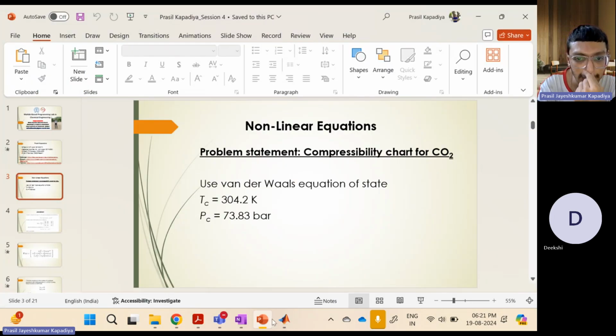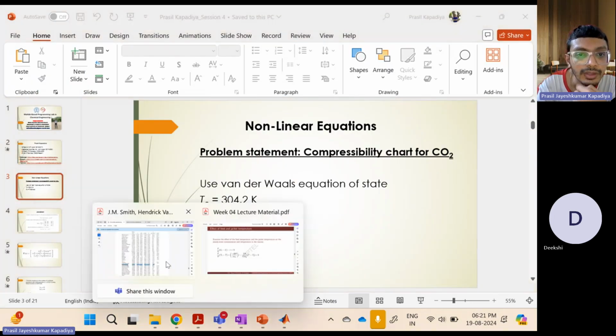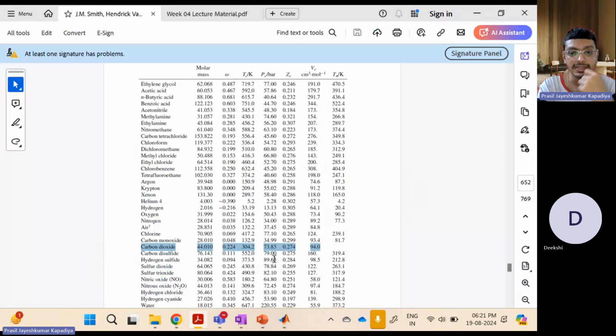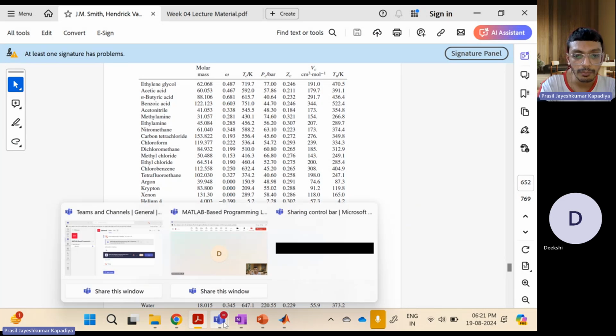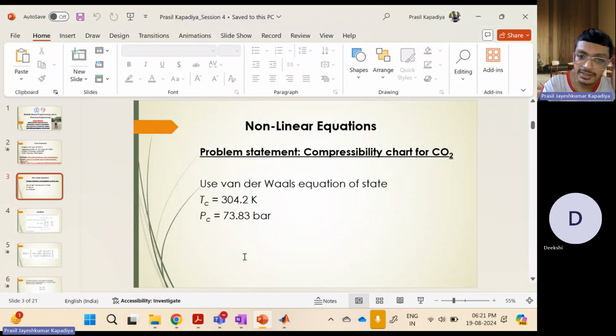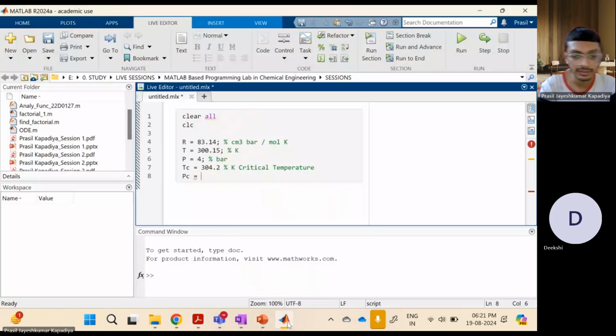PC is critical pressure. From the book, the value of PC is 73.83 in units of bar. So my PC is 73.83 in units of bar, and it is nothing but critical pressure.